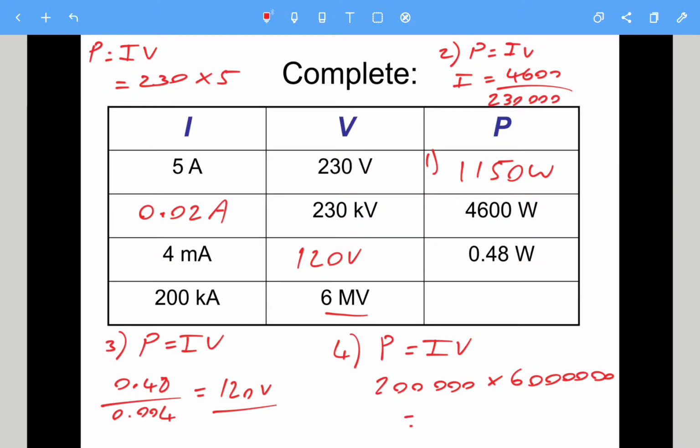Which gives us some obscene number, which would never happen in real life. You can blame me for picking mega and kilo in the same question. So that's 3, 6, 9 to 11 zeros, watts. Yeah, that's likely never going to occur. But if you got it right, well done.